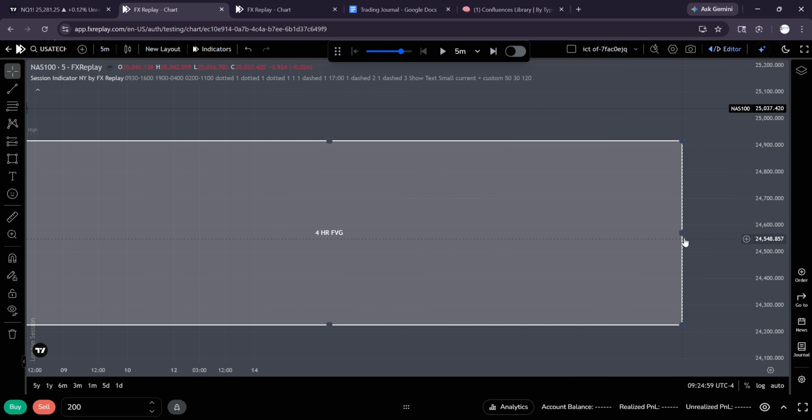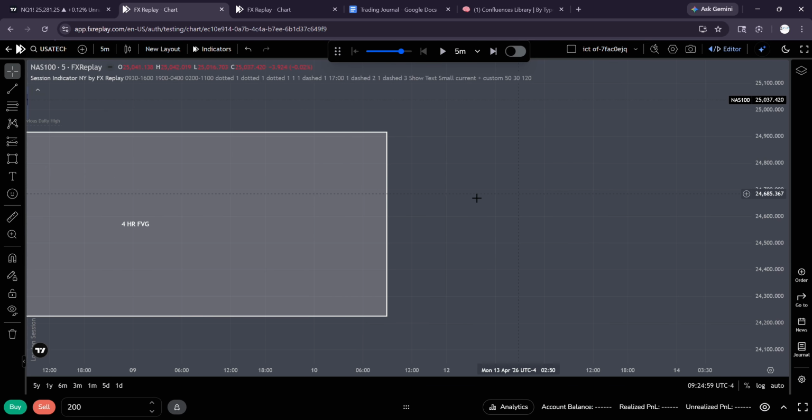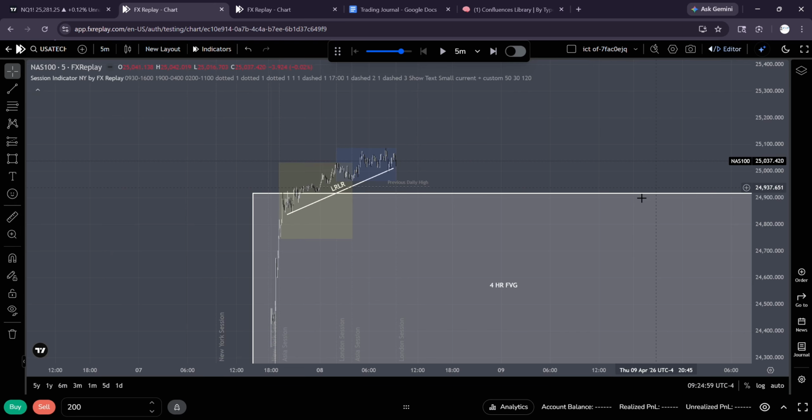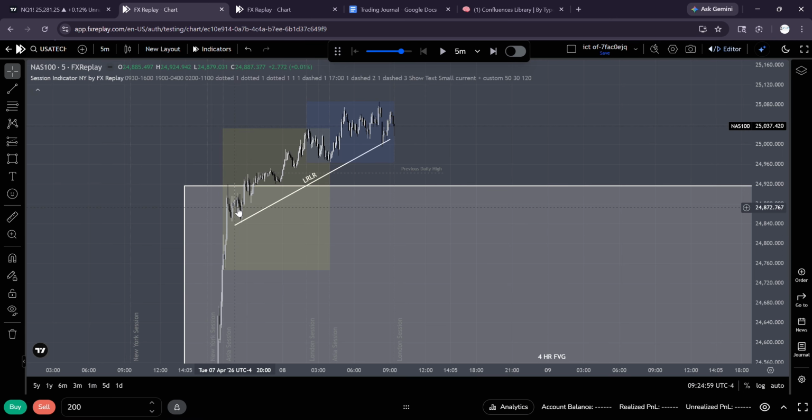And this 4-hour gap is a really great example of how internal range liquidity can be used as a draw on liquidity. So Asia at the end sort of just started creating low resistance liquidity. A lot of targets for price discovery in New York session.